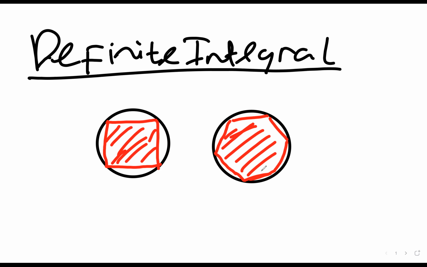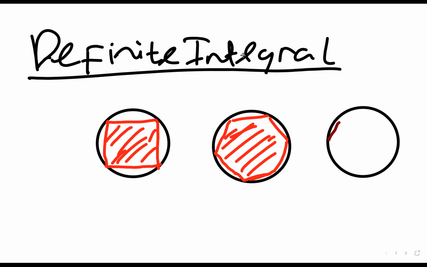The number of sides here is 6. With the polygon with n equal to 6, you will see that the error is getting smaller. Of course, if you add to the number of sides of the polygon, then you will see the approximation is getting better.